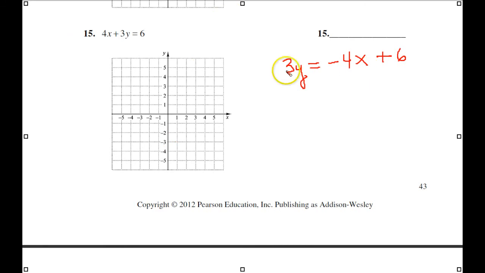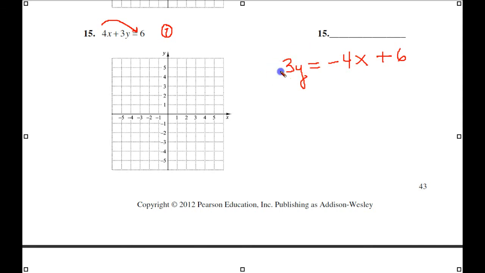Now again, this one is in standard form. This is formula 1. Standard form. I want to solve for a positive y. Now my y is already positive, so I'm going to take my x term, bring that over, transpose it. It now becomes a negative 4x plus 6.